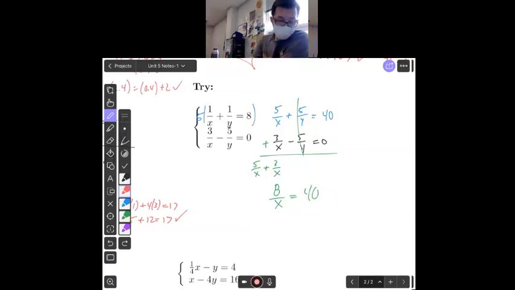Multiply by x. So 8 equals 40x. Divided by 40. So 40 divided by 8 is 5. 8 divided by 40 is 1/5.